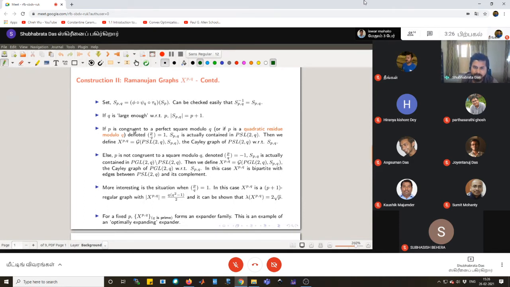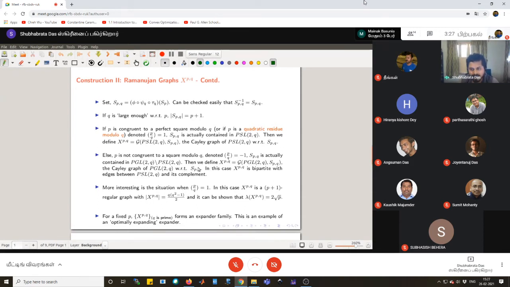That is in case p is congruent to a perfect square modulo q. If it is not, then the Legendre symbol, that function, being -1, this set will actually be contained in the complement of PSL_2(Z/q) inside PGL_2(Z/q).